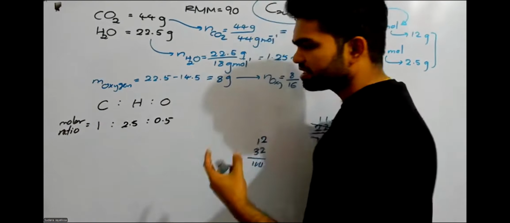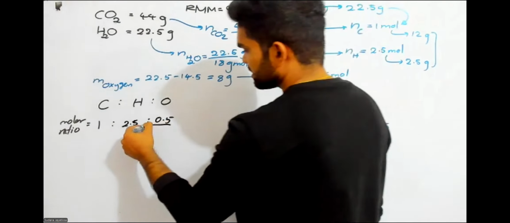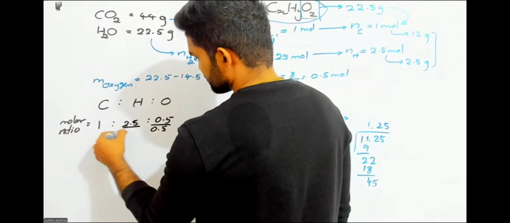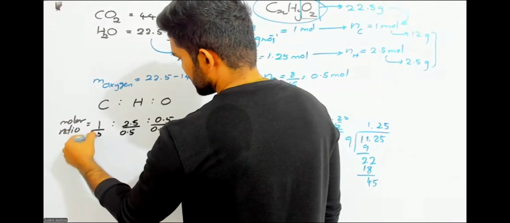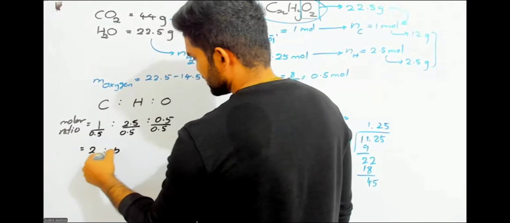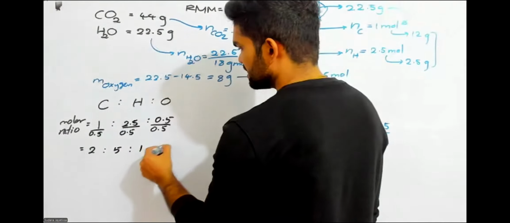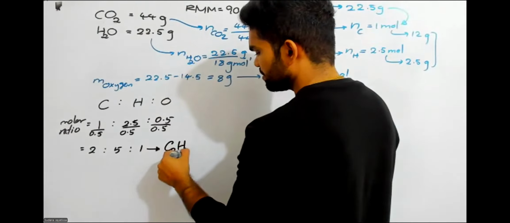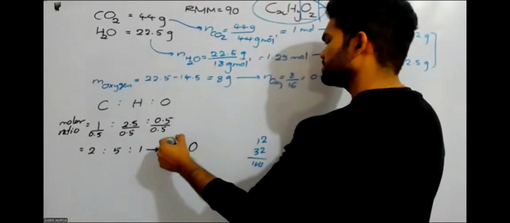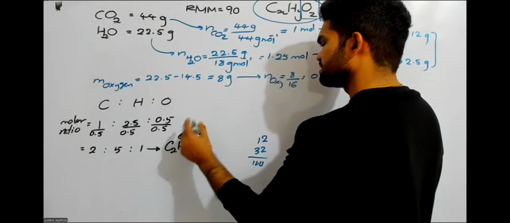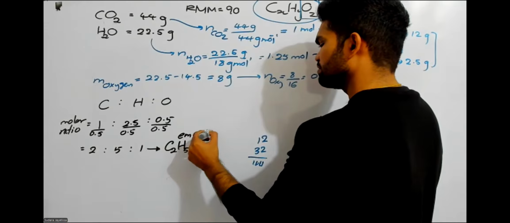To get the simplest ratio, you divide the whole thing by the smallest number. Then you will get 2, 5, and 1. So it becomes the empirical formula C2H5O. This is your empirical formula.